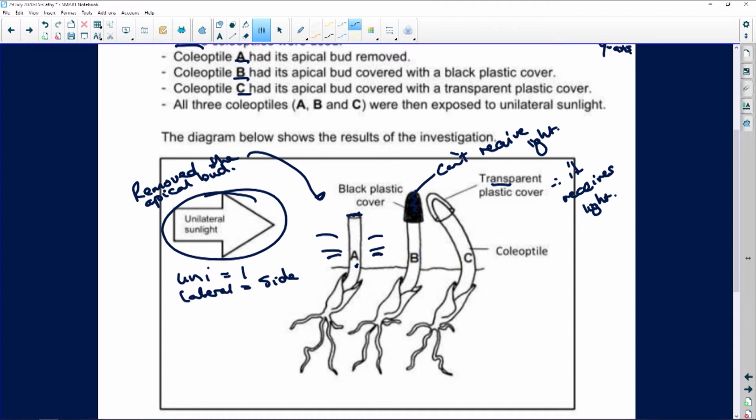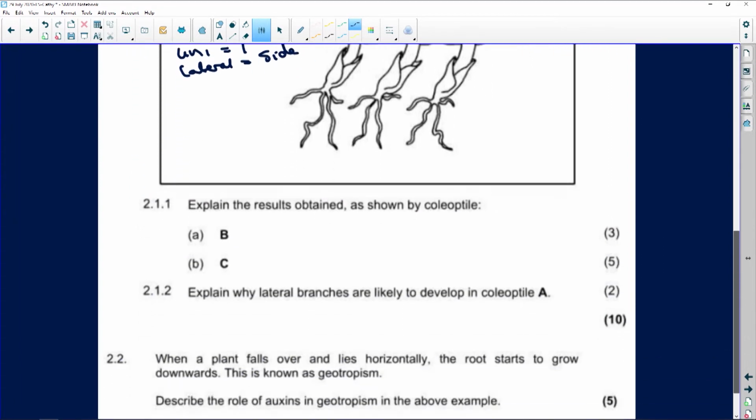This one, well, it's going to have pretty much the same response as that one, and it's just going to keep going up. And here, what's going to happen? It's going to turn. And if it turns, it means it is a tropism. Okay, and because it's moving to light, it's going to be phototropism.